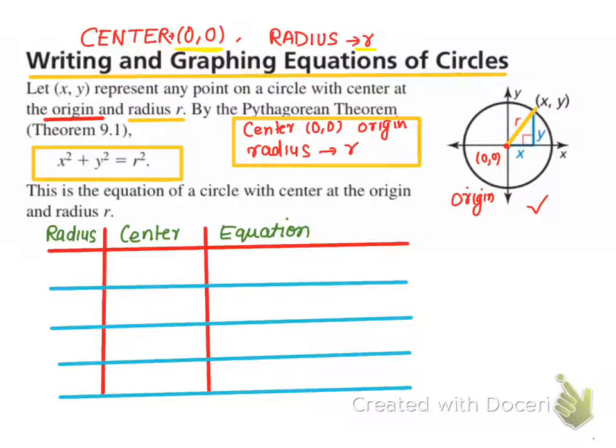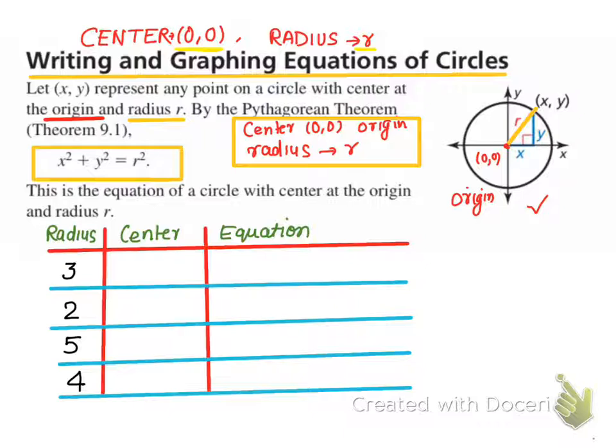Let me give you a simple example here. Let's choose different radii: 3, 2, 5 and 4.